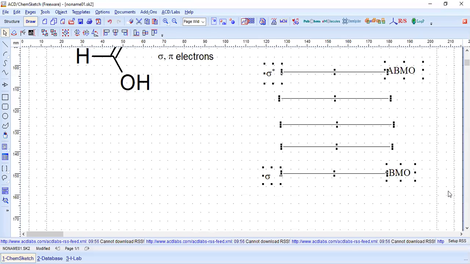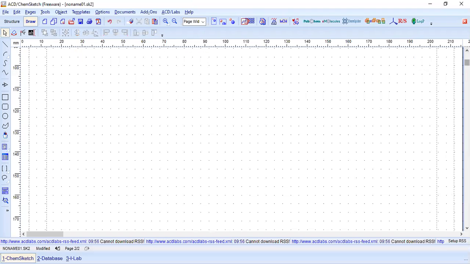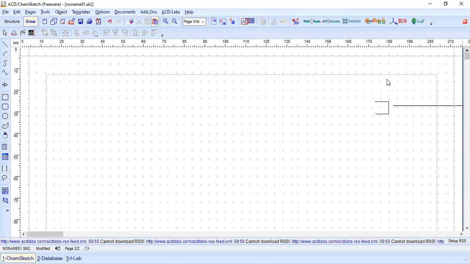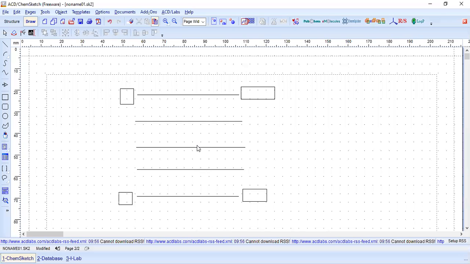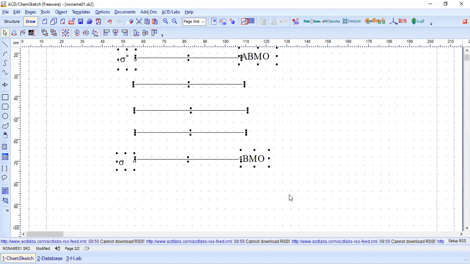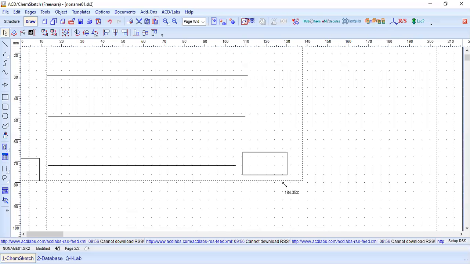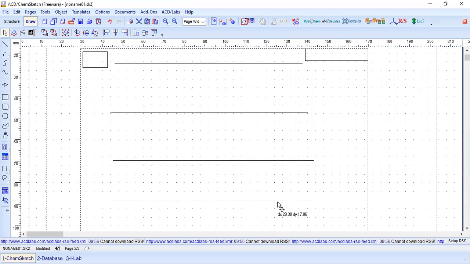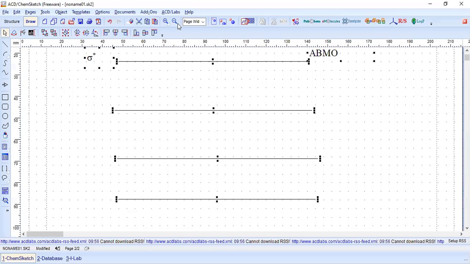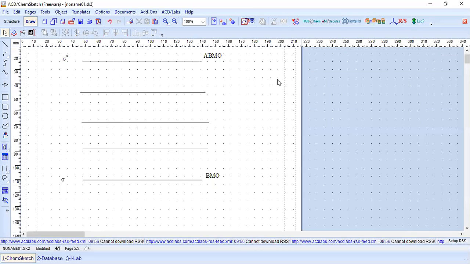This entire thing we will shift to the next page, and it is easy for us to write now. Sigma, sigma star, bonding and anti-bonding, and pi, pi star.